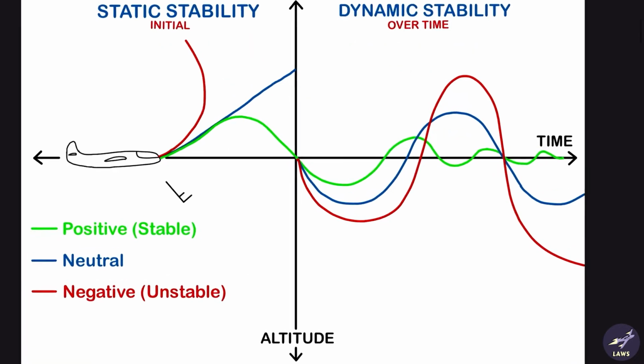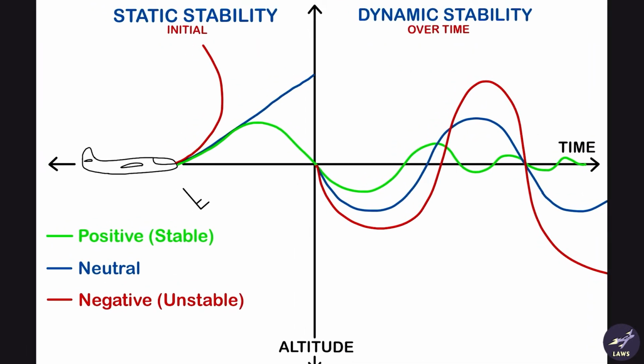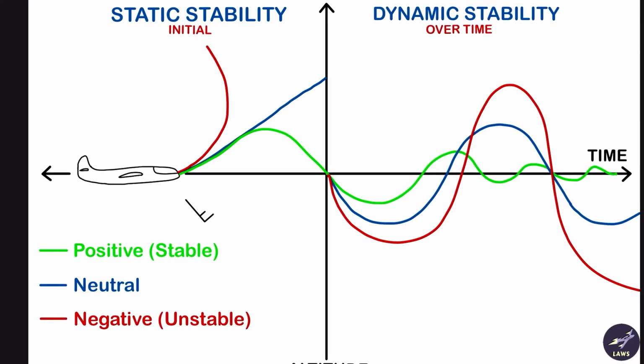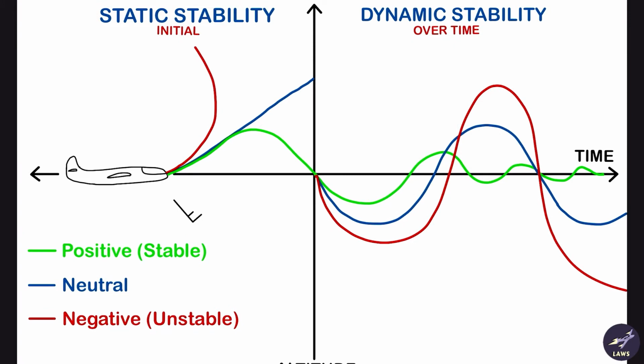So we have a graph here. Green is stable, or you can say positive stability. Blue is neutral and red is unstable. So as you can see, this is the initial tendency, this is the overall tendency.